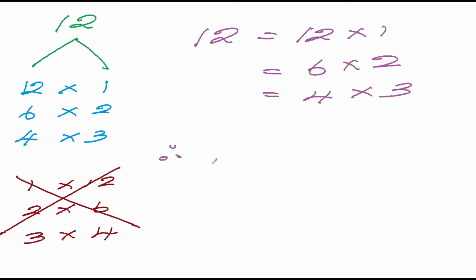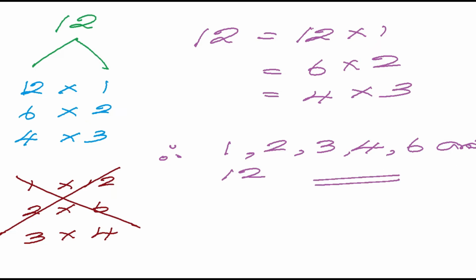Therefore, I can write that 1, 2, 3, 4, 6 and 12 are the factors of number 12. This is the factorization.